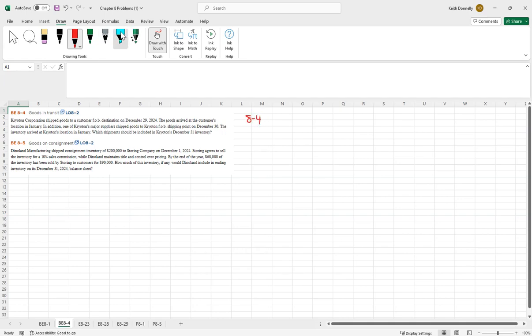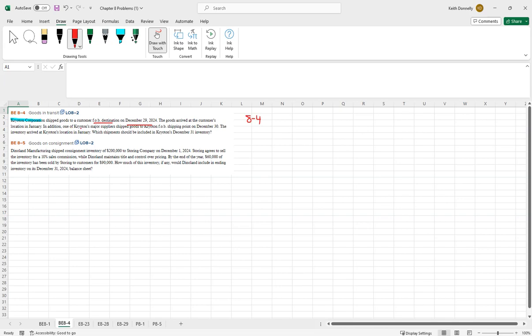They're giving us some info, right? We have K Corporation, shipped goods, FOB destination on December 29th. The goods arrived in January. Okay, so their destination, they didn't arrive until January.